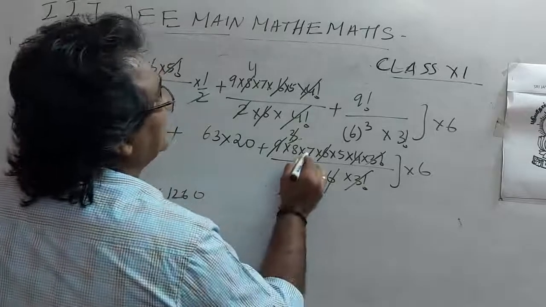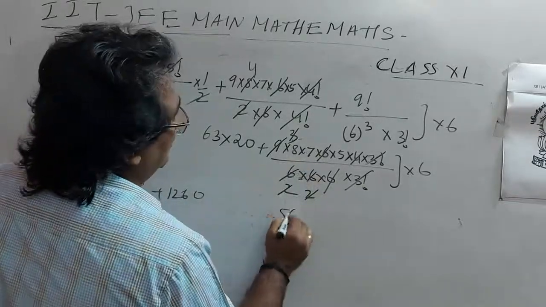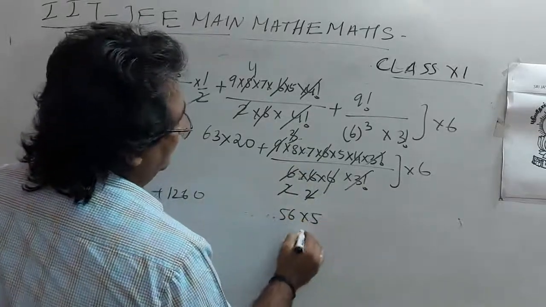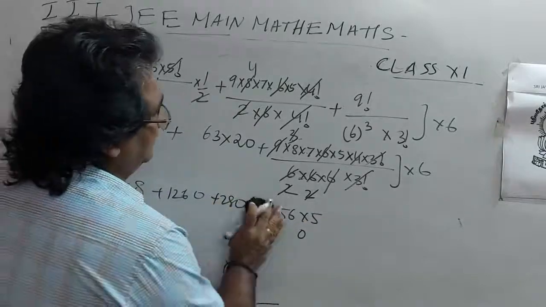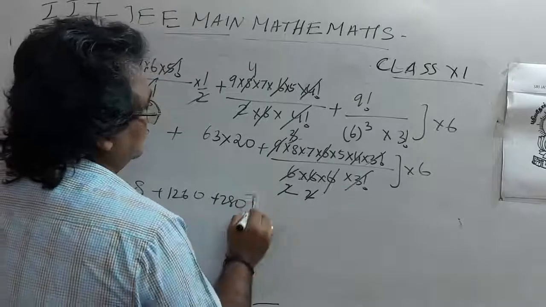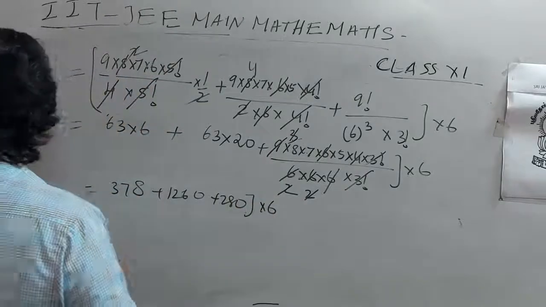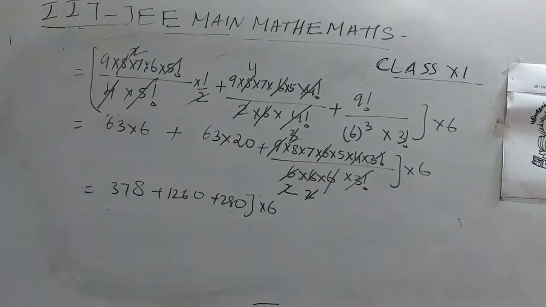Here 8 into 7, 56 into 5, plus 280 into 6.